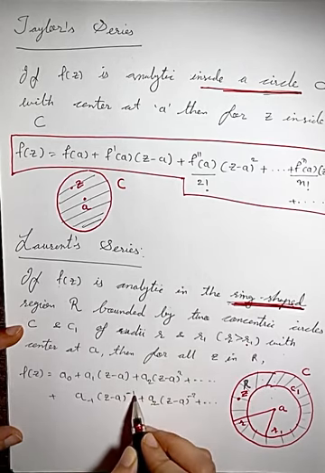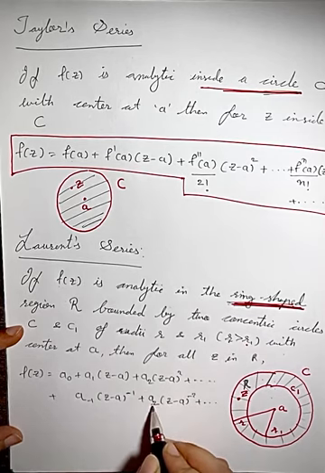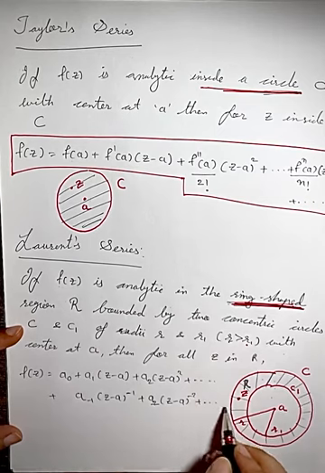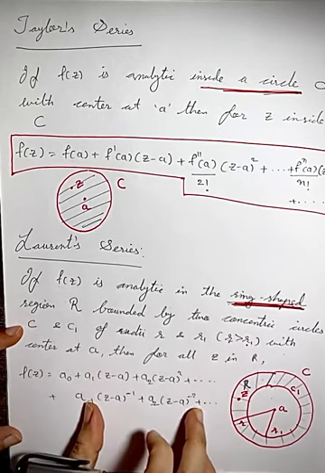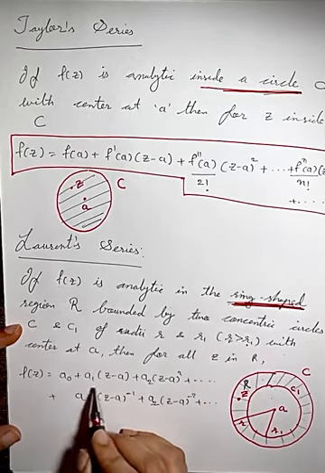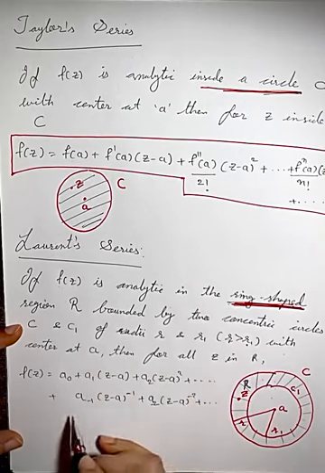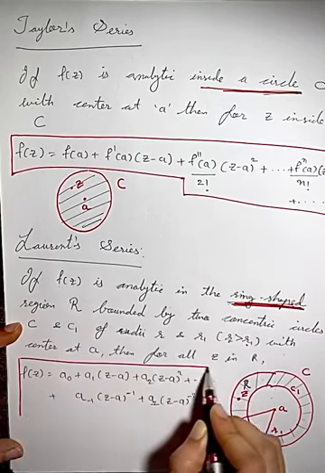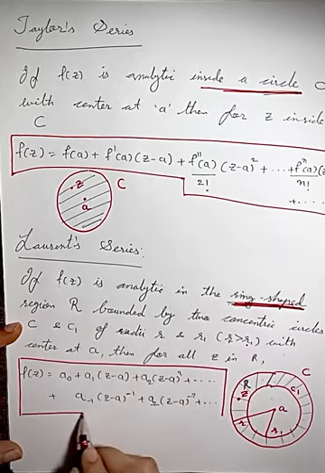Here it is a minus 2 into z minus a to the power minus 2, and so on. So you have two strings in the Laurent series, one containing positive powers and the other containing negative powers. This is the structure of the Laurent series.